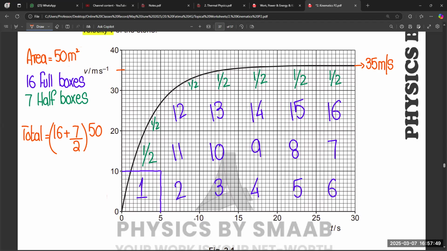So it becomes 3.5 plus 16, 19.5, like this. So 975 is the answer. This is the final answer.